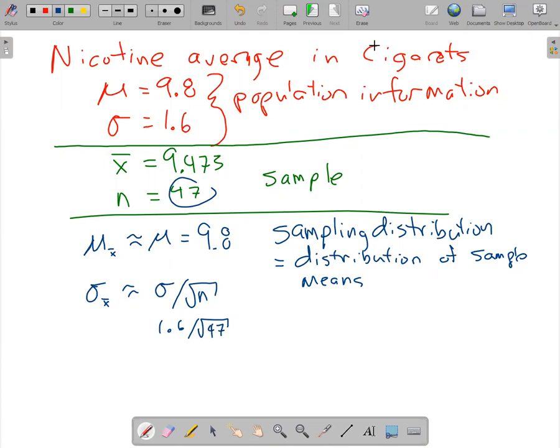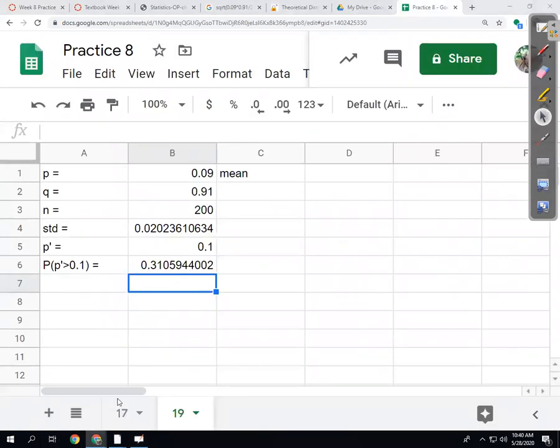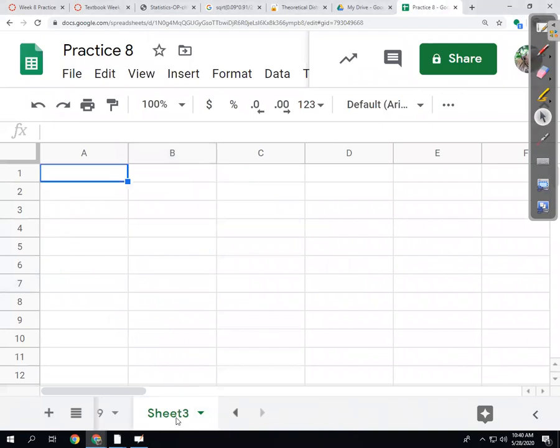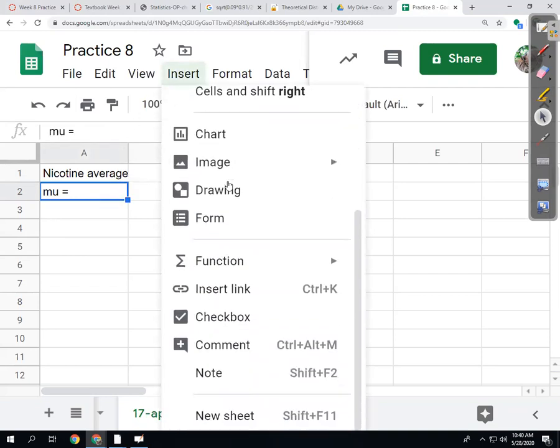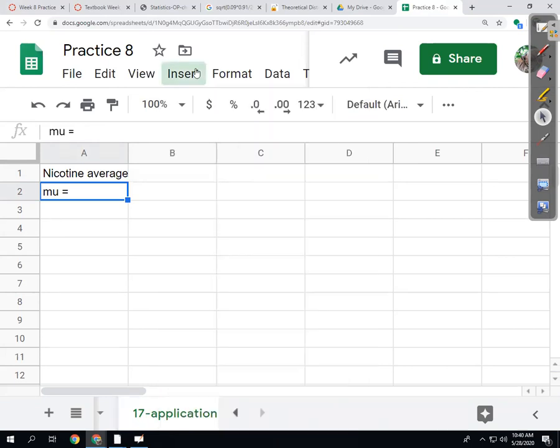And I think I'm going to put all this in the spreadsheet right now. So, new tab, and this is number 17, but it's like the application. I'm treating it the same way. We have nicotine average, and so then we have mu, and I think there is a way to get that symbol into a spreadsheet by inserting symbols.